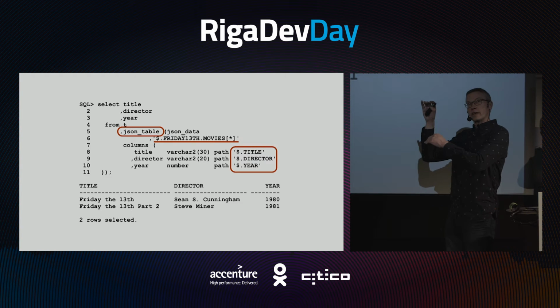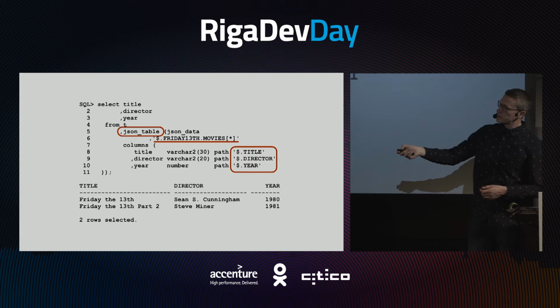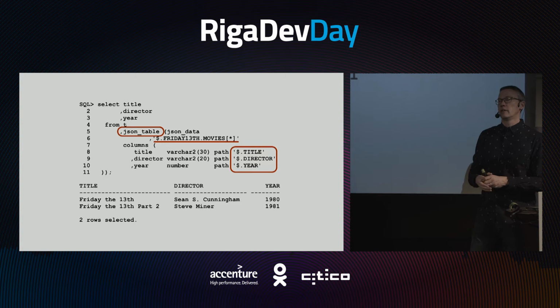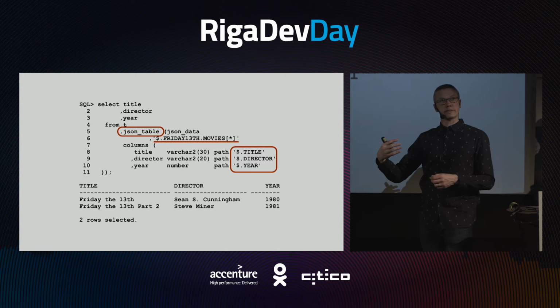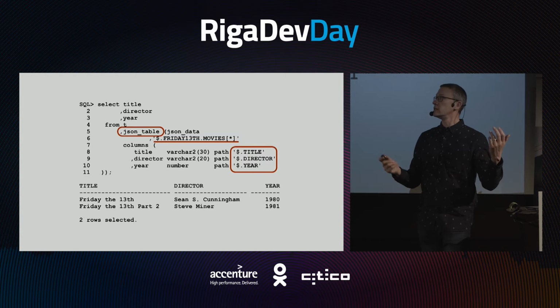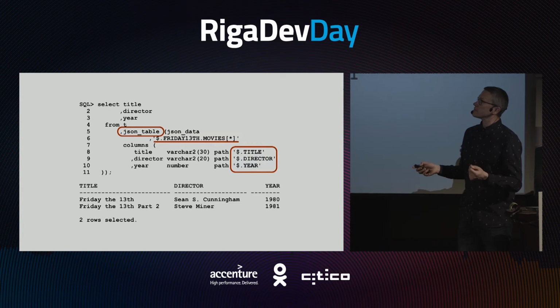Say which part of the JSON structure you want to extract, and you get it as if it was just regular relational data. So if you're interacting with web services which produce JSON, it's easy to go from JSON object to a regular relational representation. Try saying that 5 times.